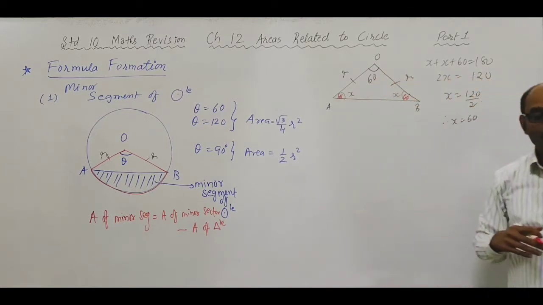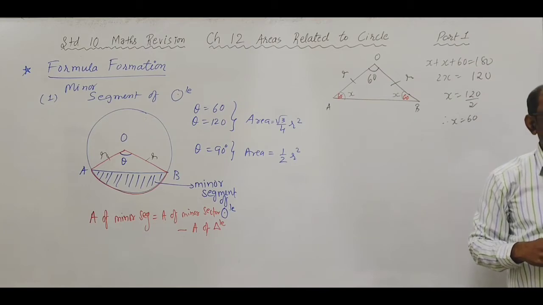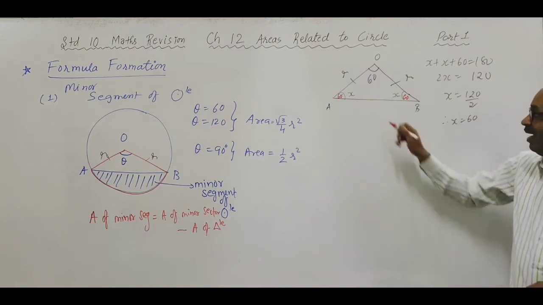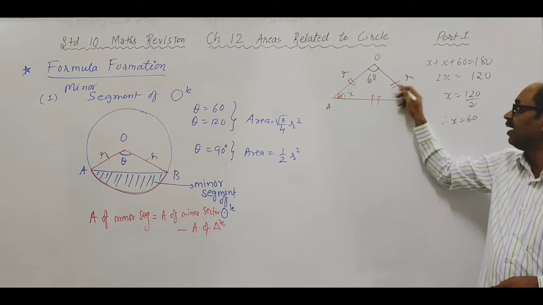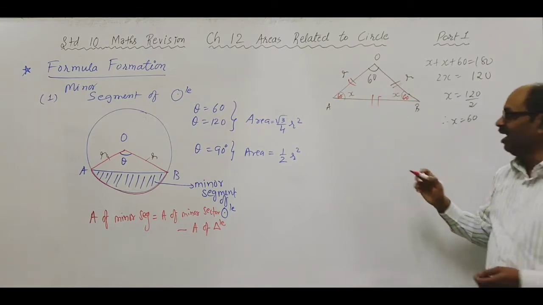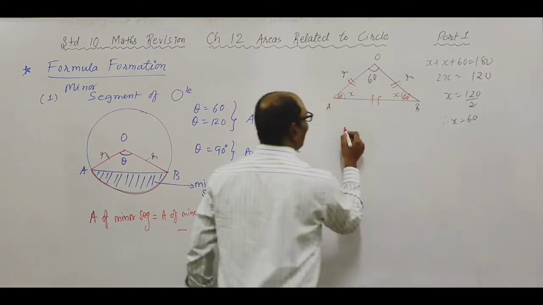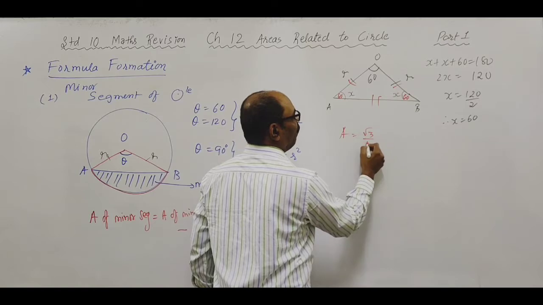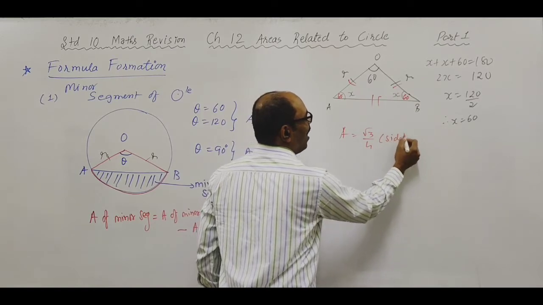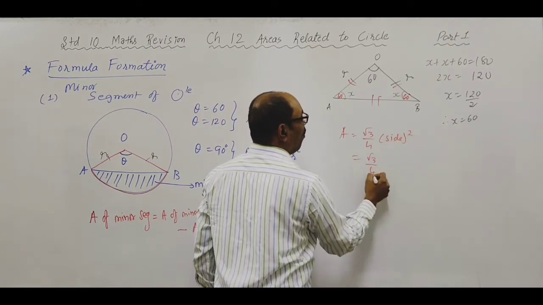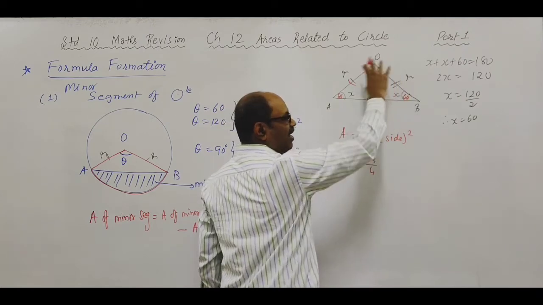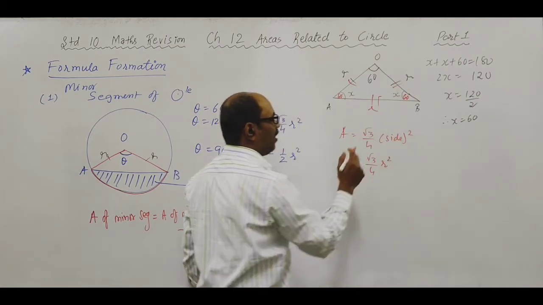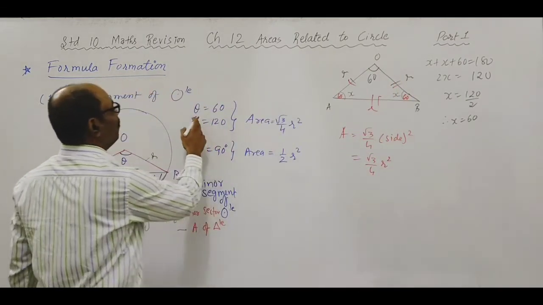All angles are equal, so it is an equiangular triangle, and an equiangular triangle is also an equilateral triangle. So the formula for area of equilateral triangle is √3 by 4 side square. So √3 by 4, each side is r, सब r ही है ना, radius. So r square. So that's the formula.